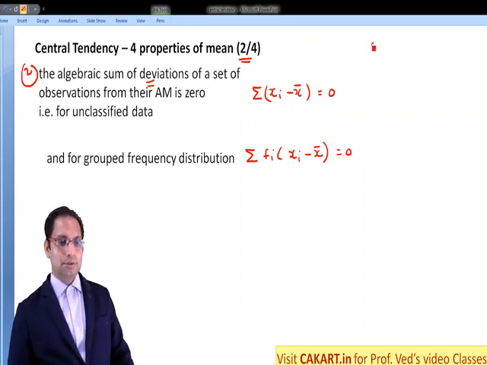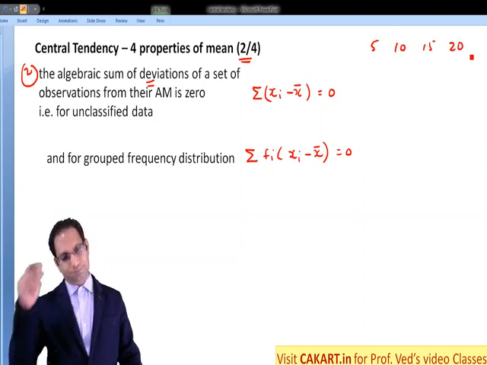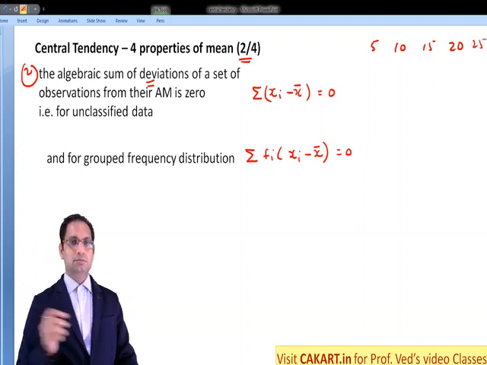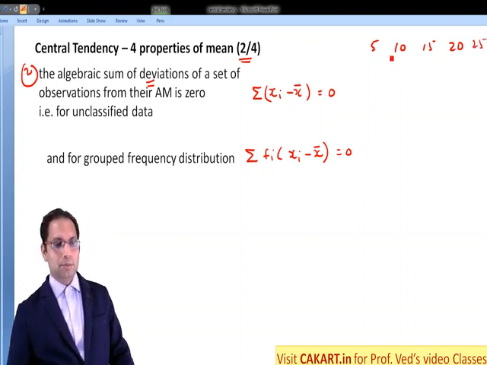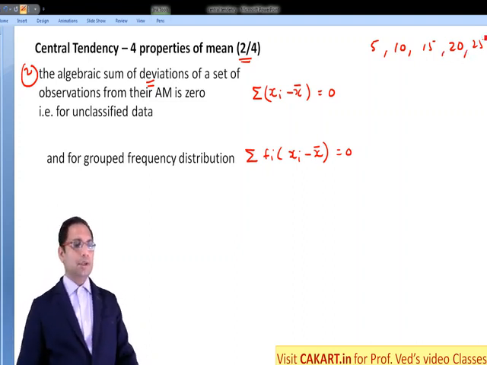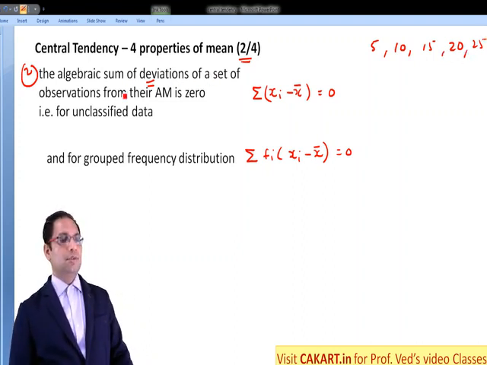Suppose there are 5 numbers: 5, 10, 15, 20 and 25. What the property says is that the algebraic sum of deviations from the arithmetic mean is 0.